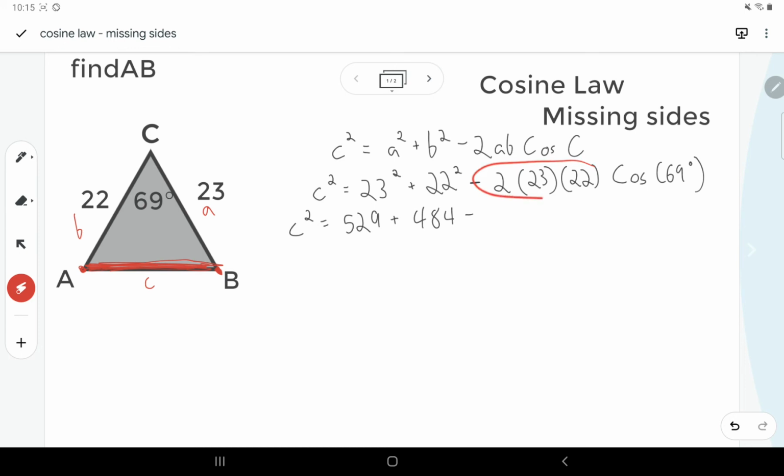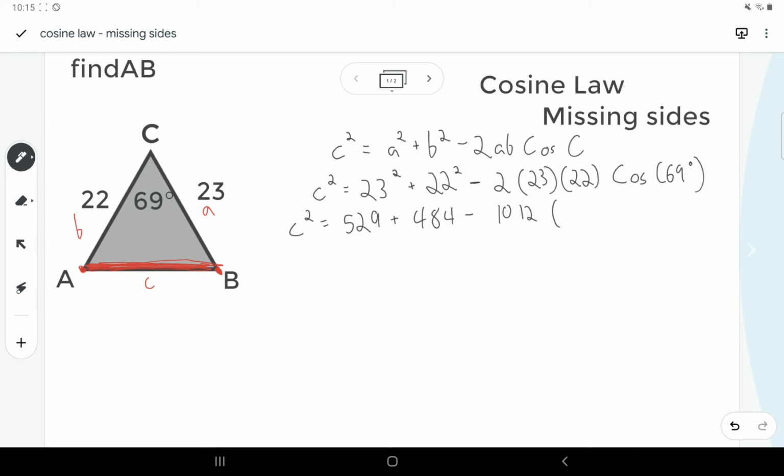Okay, so let's multiply these together, since if they're in brackets, that means multiply. So 2 times 23 times 22 equals 1012. And remember that minus is kept there. We haven't done anything with that yet. 1012, and that's still times the cosine of 69. So if we find the cosine of 69, we will find a great big decimal number.